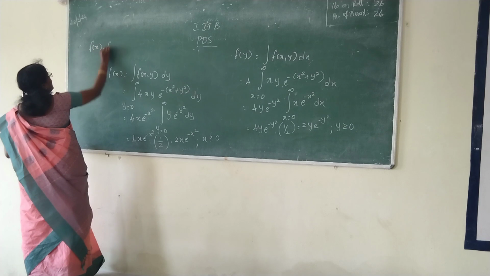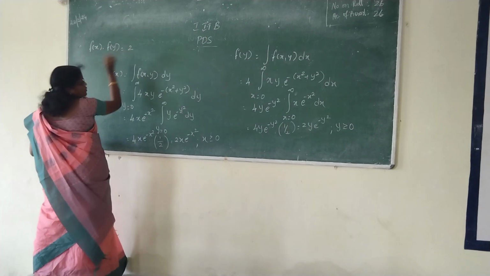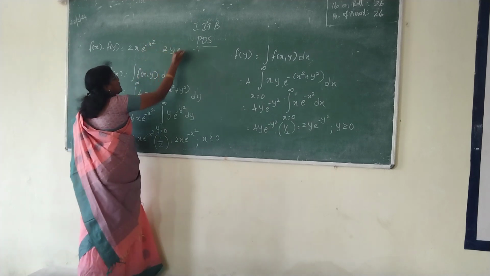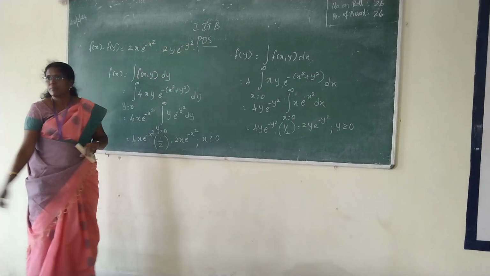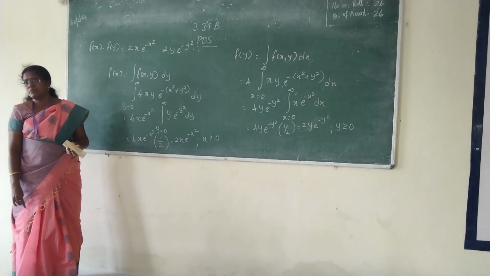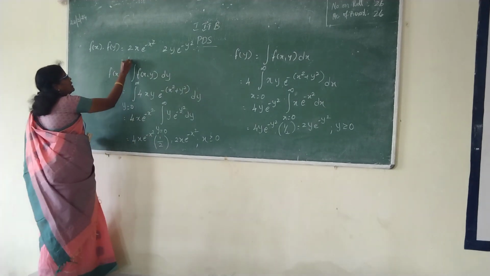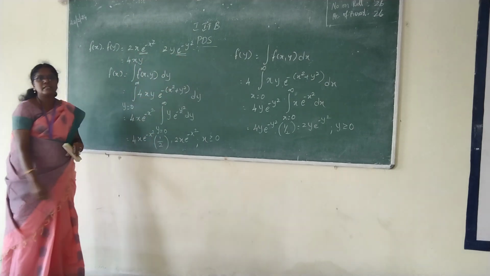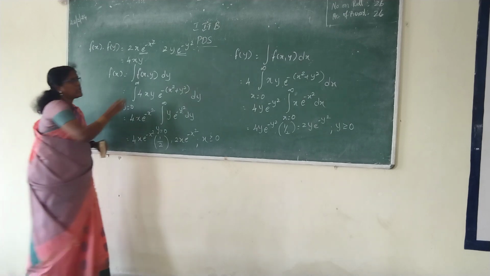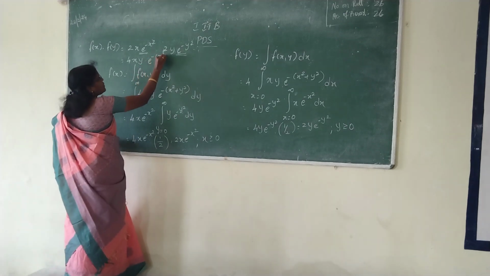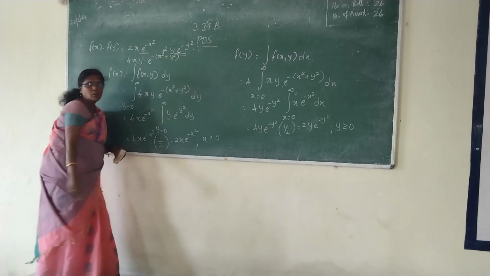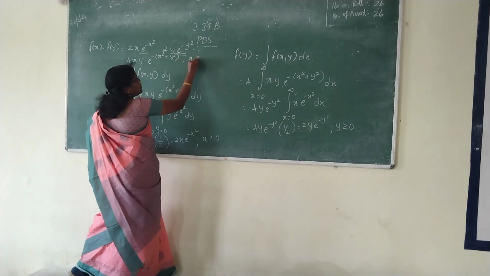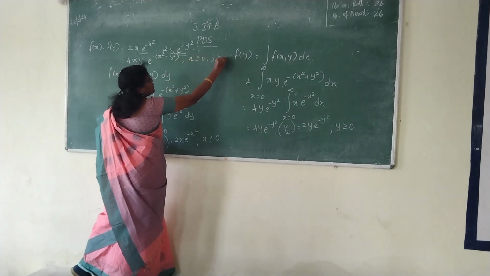f(x) into f(y): 2x e power minus x square, 2y e power minus y square. What is 2 into 2? 4. Then x into y. Both are powers of e, and since the base is the same, you can add your powers. So what can you write? What are the limit values you mentioned for x and y? x greater than or equal to 0 and y greater than or equal to 0.